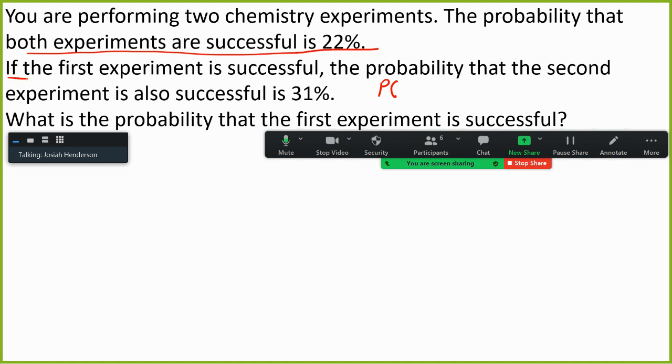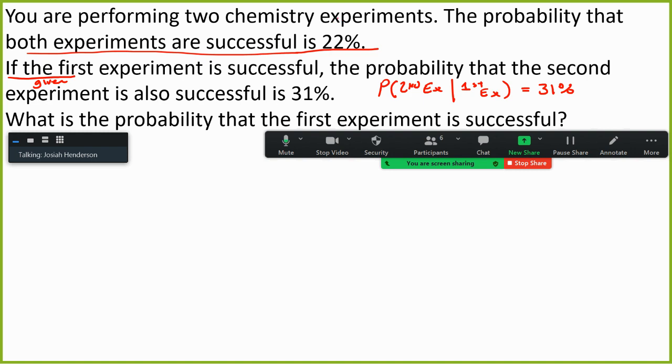So this keyword here, if the first one is successful, is like saying given the first one is successful. So that's like saying the probability of the second experiment, given that the first experiment was successful, is 31%.